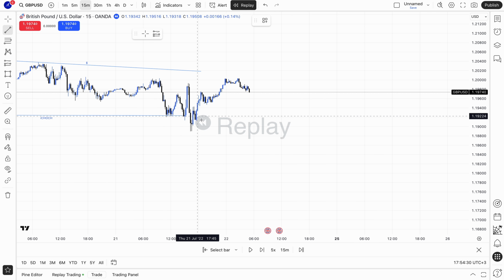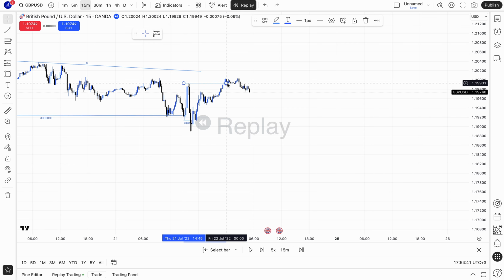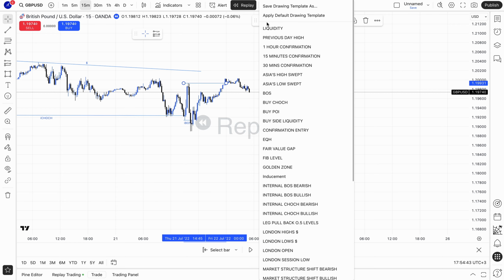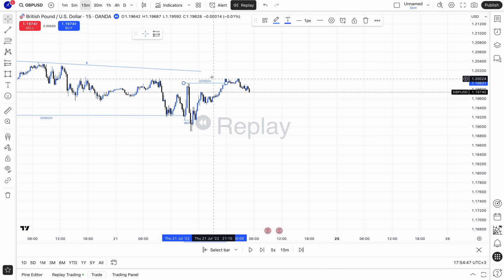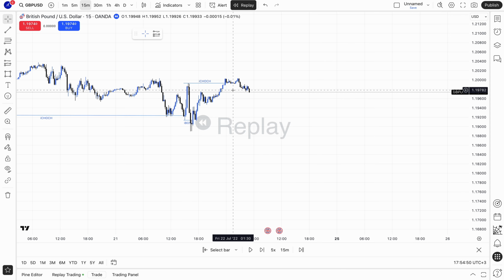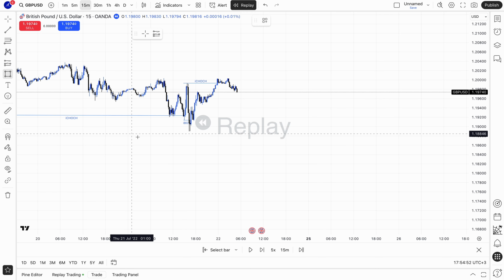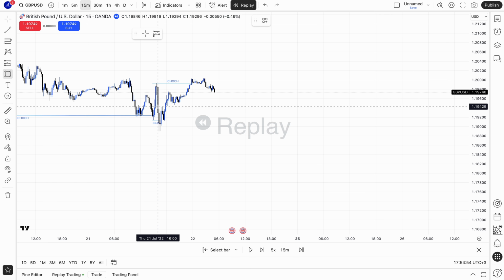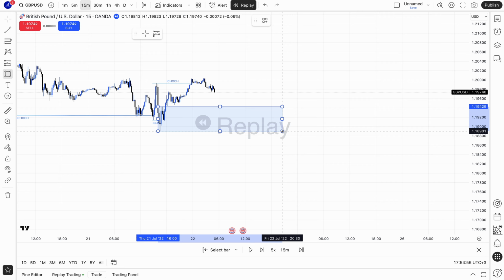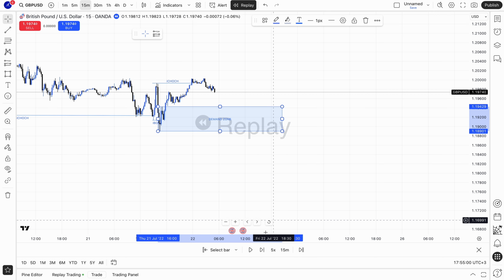And then we got our continuation to the downside. Then have our demand zone just here.